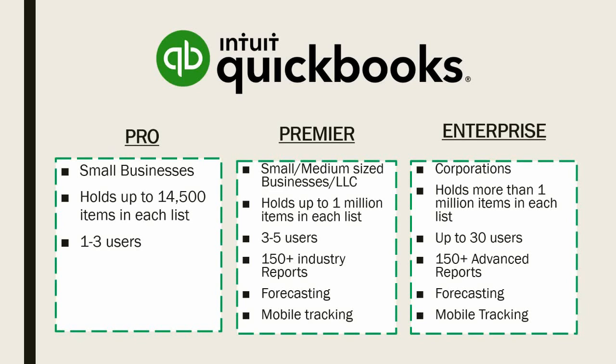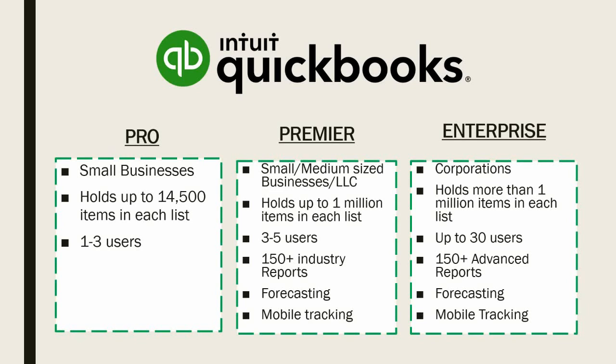But usually for a small startup company, as a general rule of thumb, you should at least have a couple thousand customers, and you should have a few thousand vendors, whether they're independent contractors or people who are your suppliers. So 14,500 is a lot of people that could be on your list.